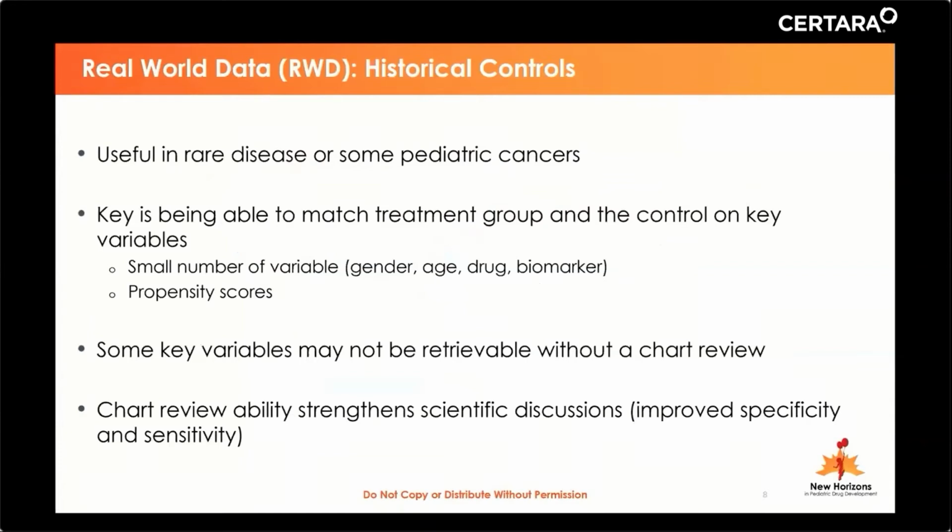The key thing is that in many instances, the endpoint variables may not always be available, and a chart review may be required, or they may also be required in order to justify, or make more defensible, the EHR search identified patients that are used as historical control. And so oftentimes with regulatory discussions, this may be something that strengthens your submission.